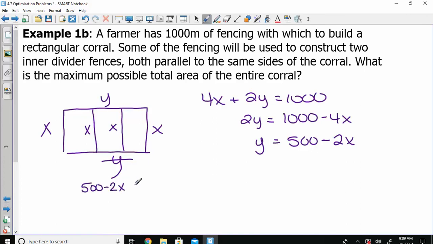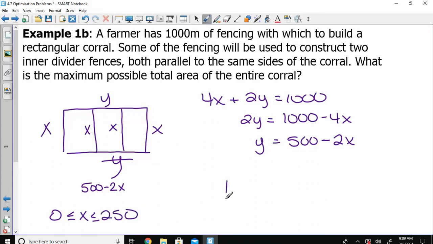Is everybody with me there? If I asked, I didn't, but if I did, x has to be bigger than 0, smaller than 250 if you set the 500 minus 2x equal to 0.